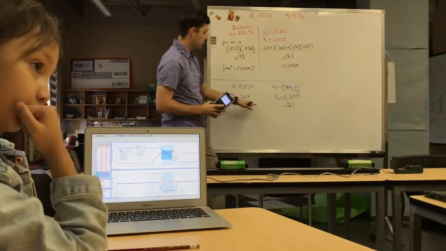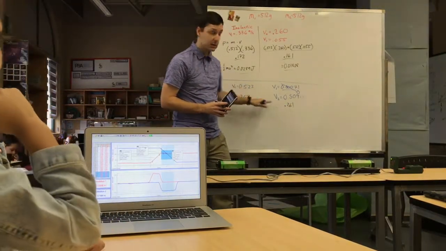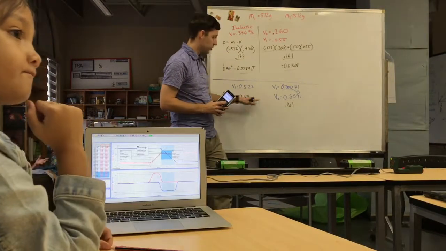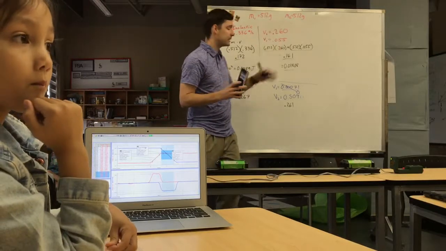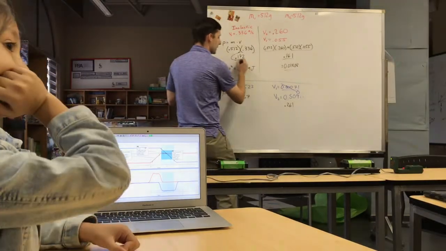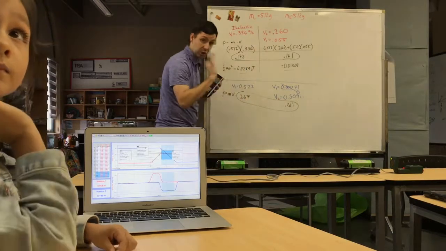Those two things are very close, definitely within 10%. So we can say those two things look like they're exactly the same. In both of these situations, the momentum was approximately the same. So we can say the momentum is conserved.